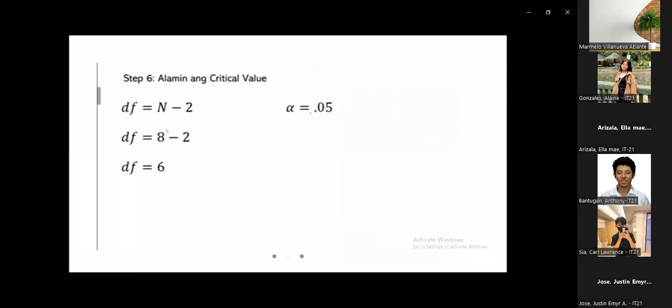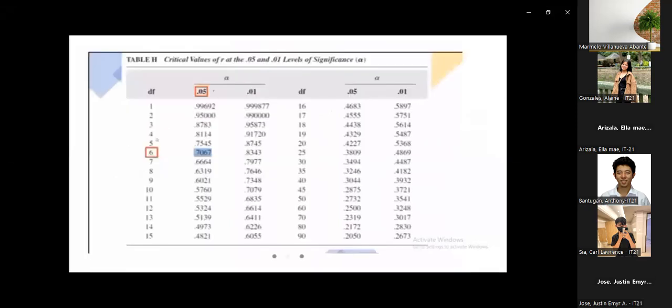Tapos, meron din tayong alpha na 0.05. Example lang yan. Kung titingnan natin yung table, tingnan natin yung alpha natin, which is 0.05, and then yung degree of freedom natin na 6. Makikita natin na nagtatagpo siya sa 0.7067.